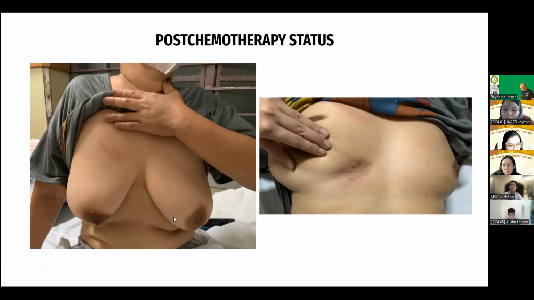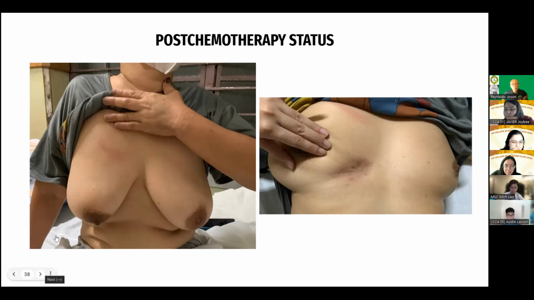So we only noted the erythema, the lesions, but no foul smelling odor as she mentioned before, and bleeding now. Wala na siya, so it's completely healed. But there's noted puckering at the right lower inner quadrant in the inframammary area.